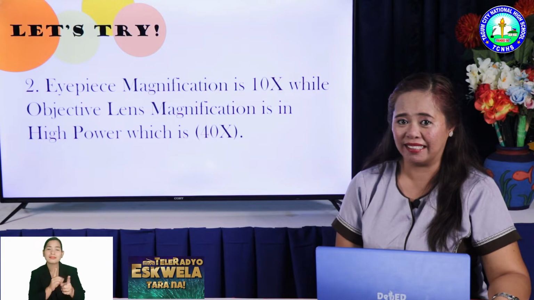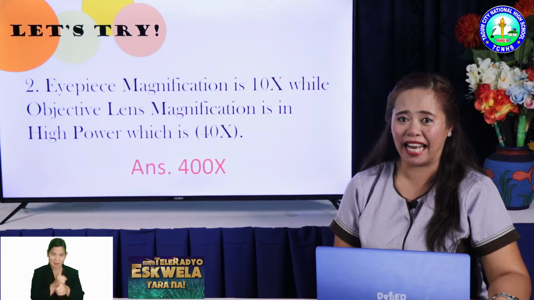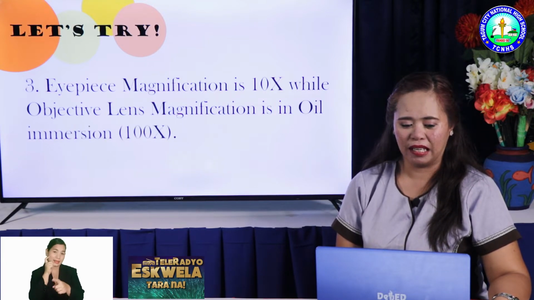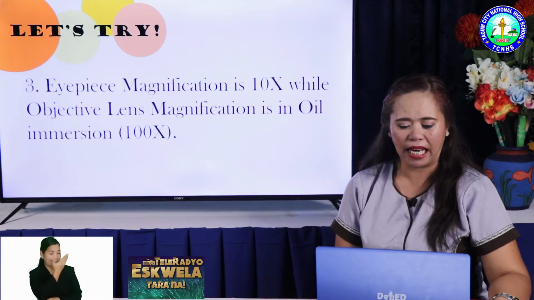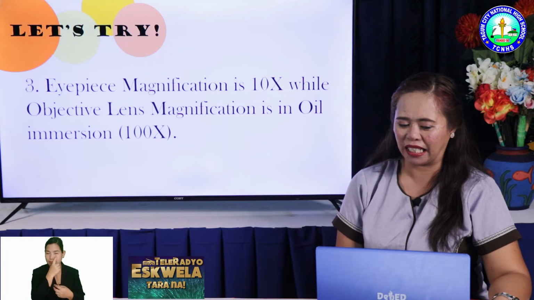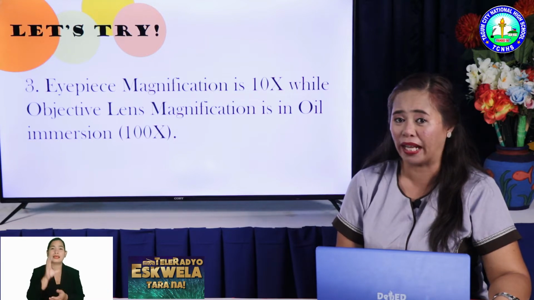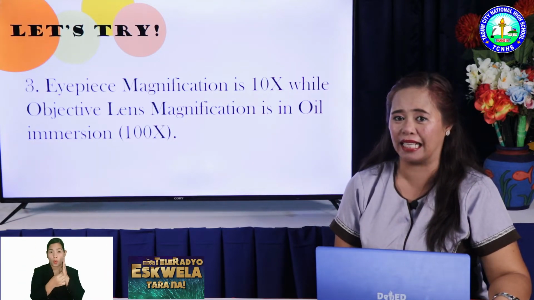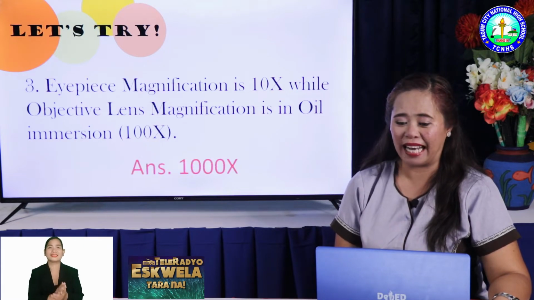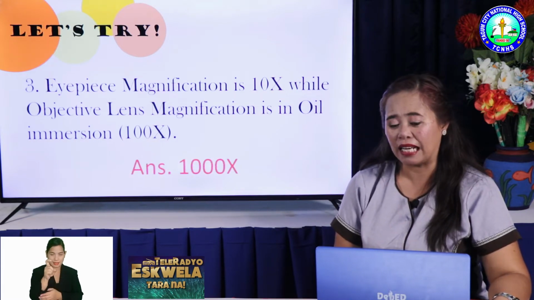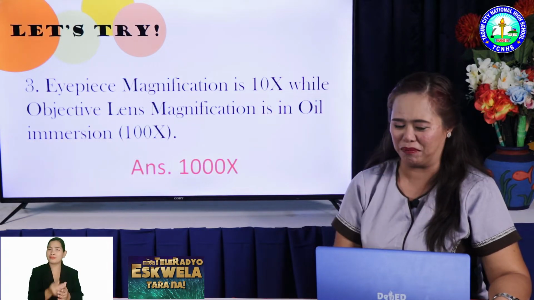The answer? 400x. Number 3. Eyepiece magnification is 10x, while objective lens magnification is in oil immersion, which is 100x. The answer? 1000x. If you got everything right, then good job.